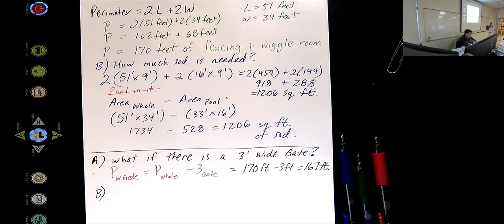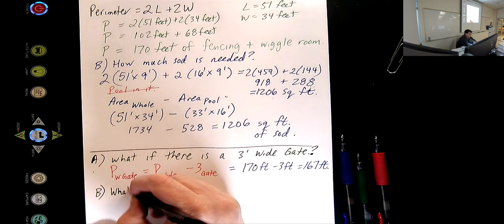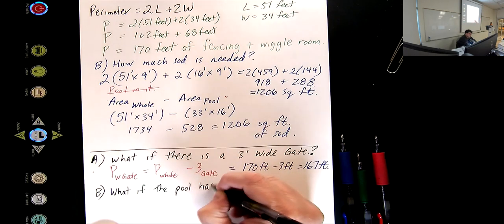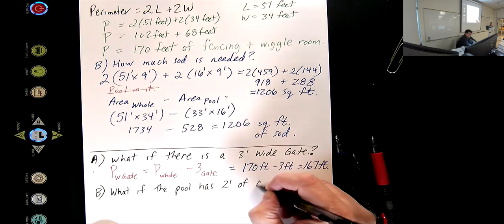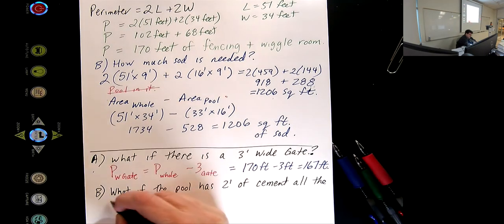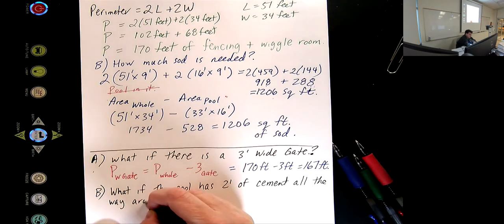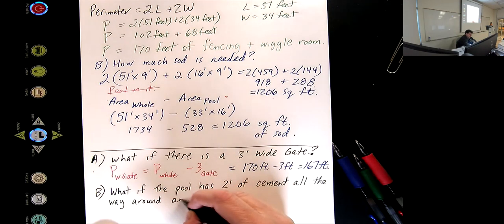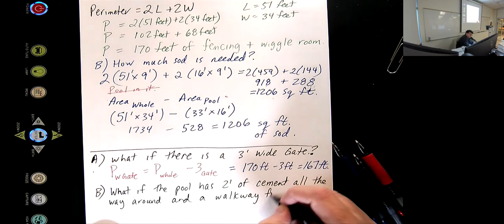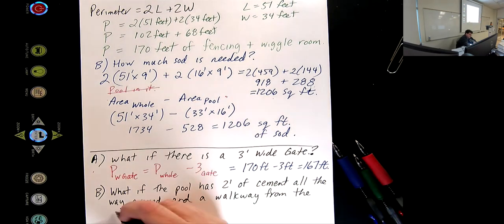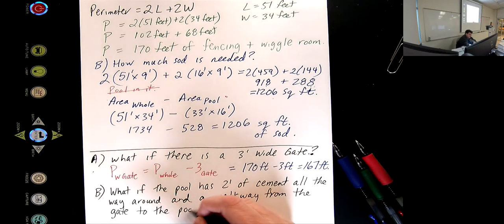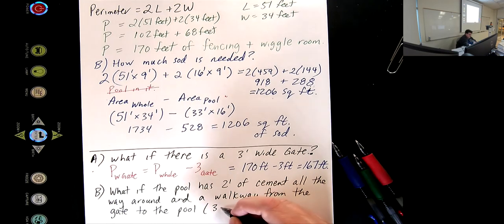Yeah. So what if the pool has 2 feet of cement surrounding it, cement all the way around, and a walkway from the gate to the pool? And we'll say that's 3 feet wide as well.